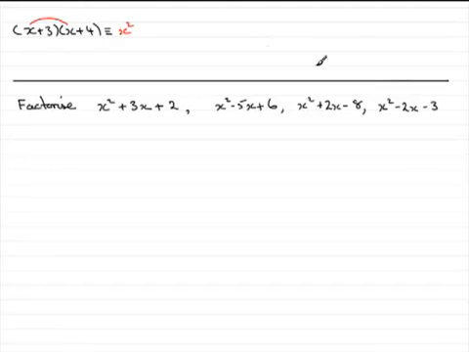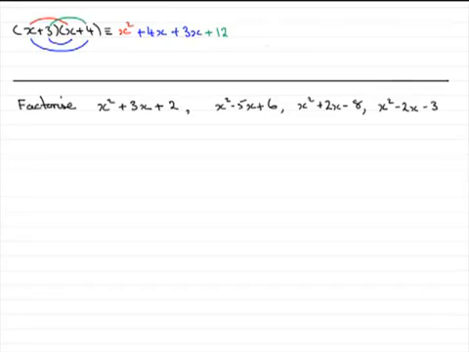Then you would go on to do the x times the next term in the bracket, the 4. So you do x times the 4, and that would give you plus 4x. Then you would do the plus 3 times the x, so that would give you plus 3x. And then finally you do the 3 times the 4.